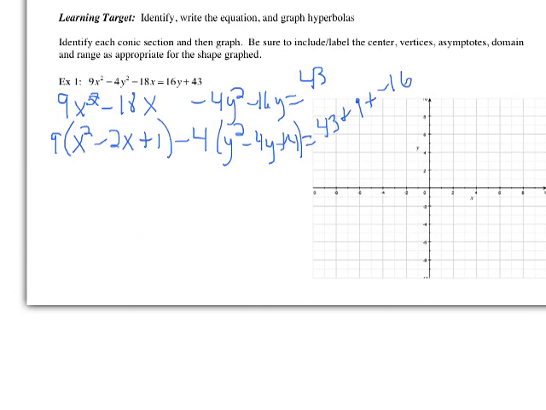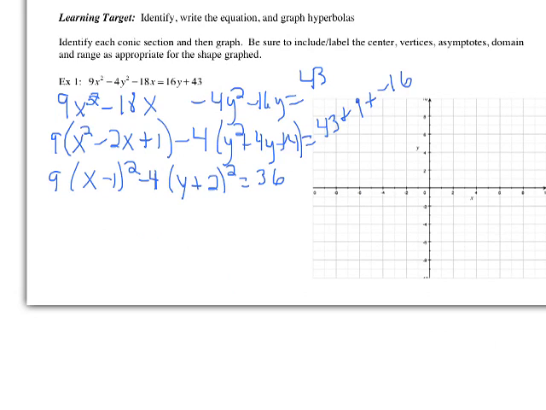So now I have 9 times x minus 1 squared minus 4 times y plus, oh, this should be plus 4y, sorry about that. So this should be plus 2 quantity squared equals 43 plus 9 minus 16, so that's 36.